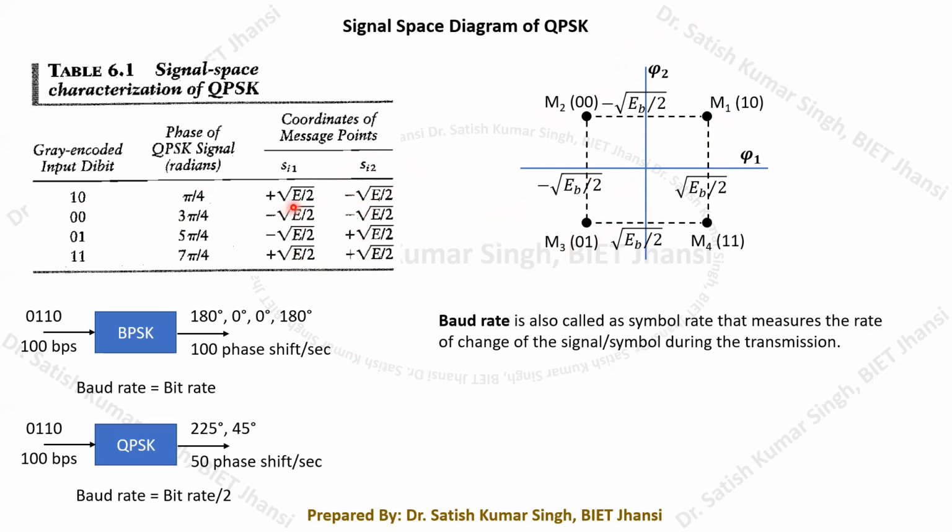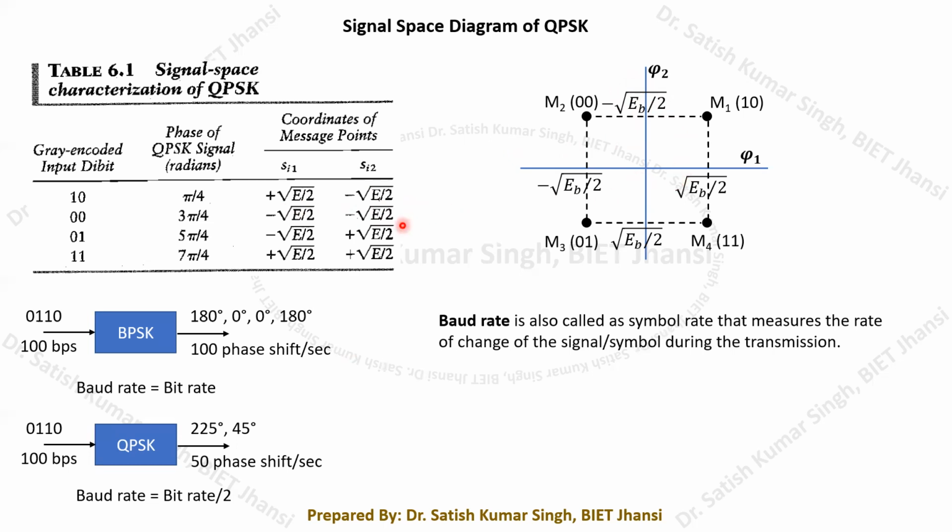Here in the book it is written as E. So please make it Eb, because I have just directly taken the picture from there. They have used the notation E, but in our case we have represented the same thing by root Eb by 2. So just make it Eb.